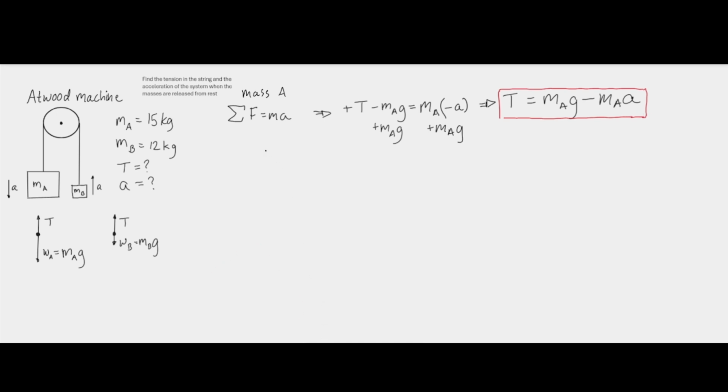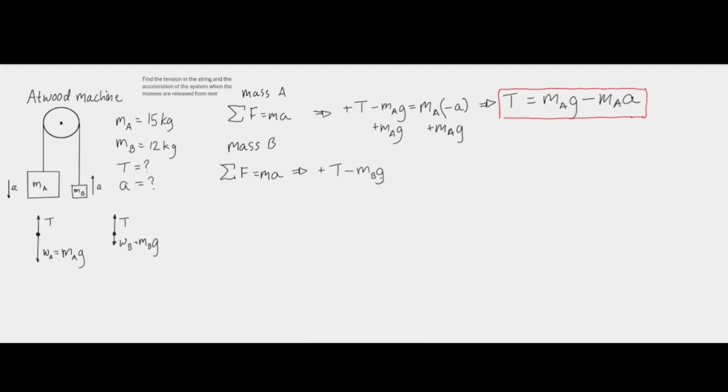So now let's look at mass B. So for mass B, the sum of the forces, once again, equals mass times acceleration. And I'm looking at mass B. So now the sum of my forces here, I have, again, a positive tension force. And now I have a negative weight force, and it is m sub B times g.